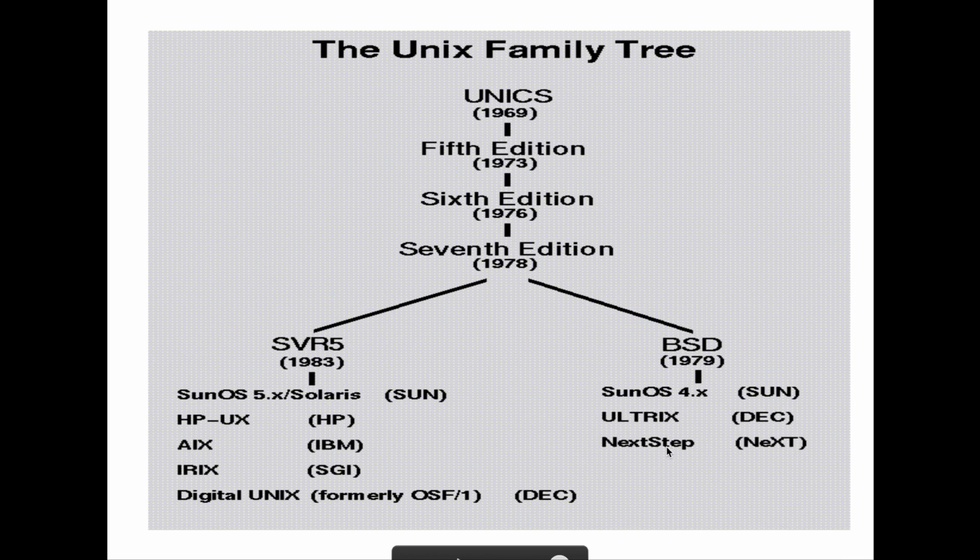This is one family of the OS. Then we have another family here like SVR5, HP, and AIX, which belongs to another branch. All of these belong to the same Unix system. That's why we say that Unix is a very popular operating system.